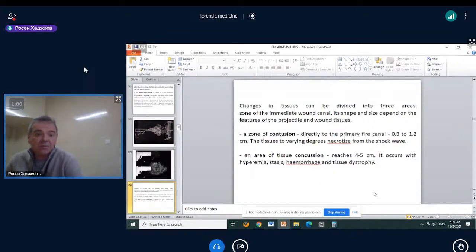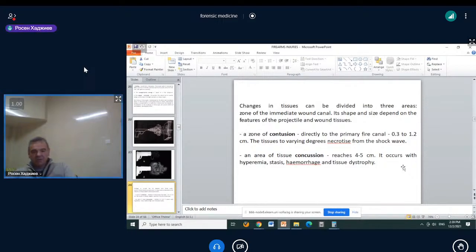Its shape and size depend on the features of the projectile. The next zone surrounding the wound canal is called the zone of contusion, directly next to the primary fire canal, 1.3 to 1.2 centimeters. In this zone, the tissues are severely damaged. They are going to be necrotic from the shock wave.